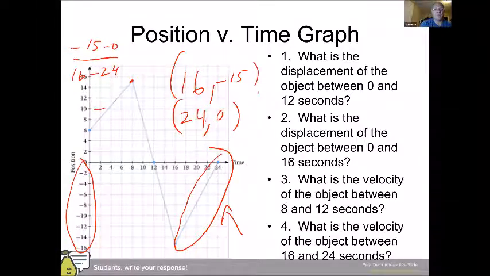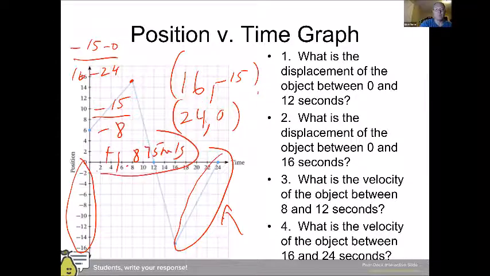So that's going to end up being negative 15 over negative 8. Notice we've got a negative divided by a negative. That comes out to be positive. And 15 divided by 8 comes out to be 1.875. So our speed on number 4 is a positive value, 1.875 meters per second.